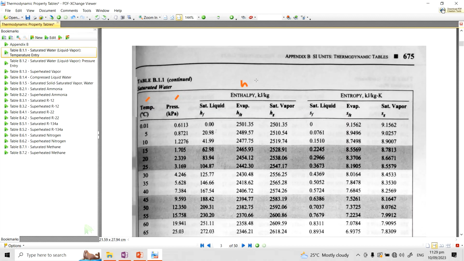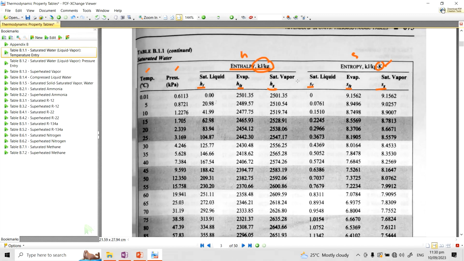So we have enthalpy and entropy. It's still the same that we have the subscripts F, G, and Fg. For entropy, we have Sf, Sg, and Sfg. The units, by the way, for enthalpy is kilojoules per kilogram, and for entropy we have kilojoules per kilogram Kelvin. So we have this temperature included here.